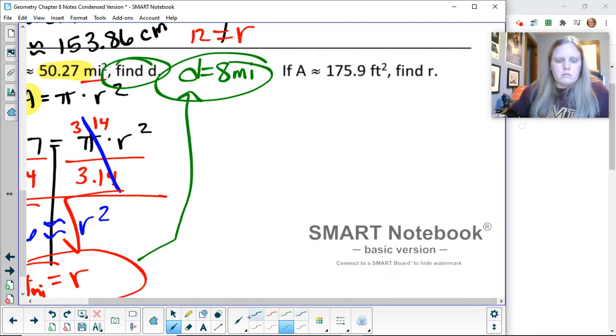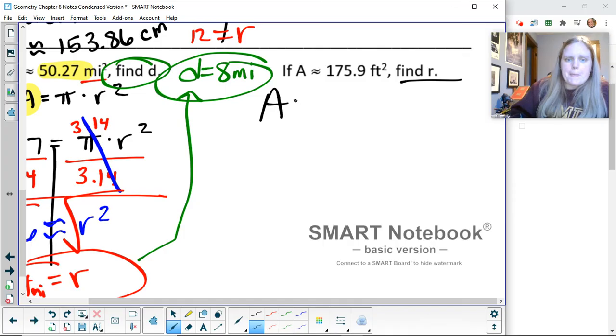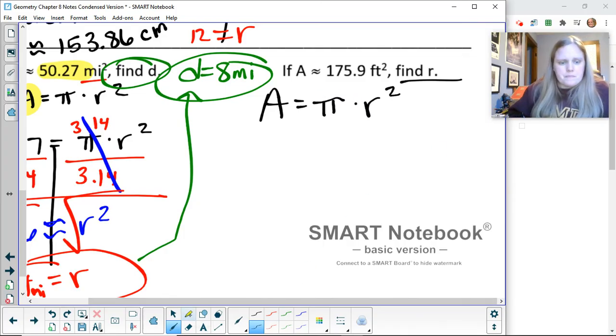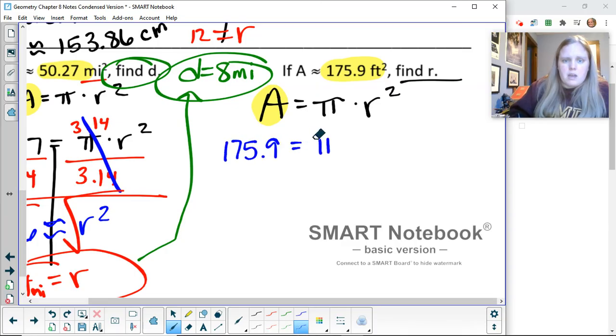All right, your turn. Try to solve for r, plugging in our area for capital A. 175.9 equals pi times radius squared. Now remember, we don't have the pi to cancel, so I gotta think about this as 3.14 being multiplied.